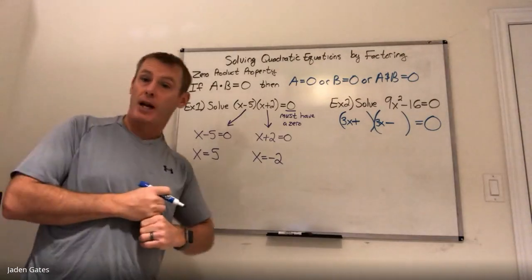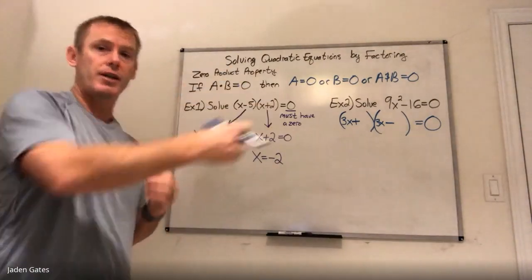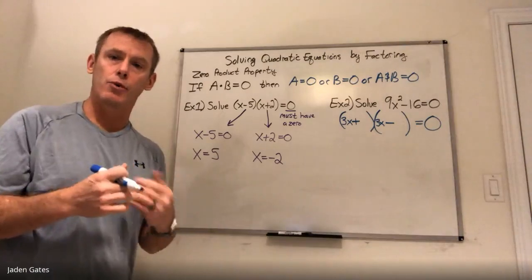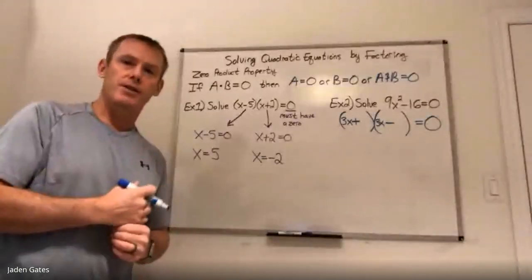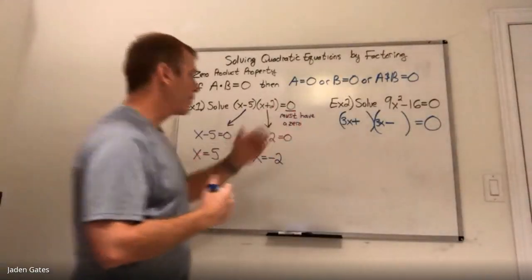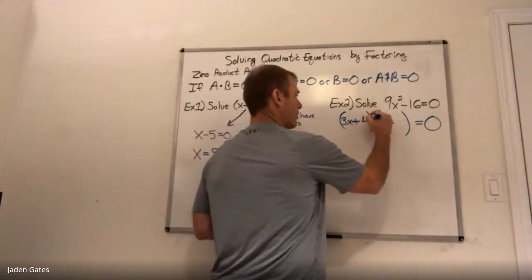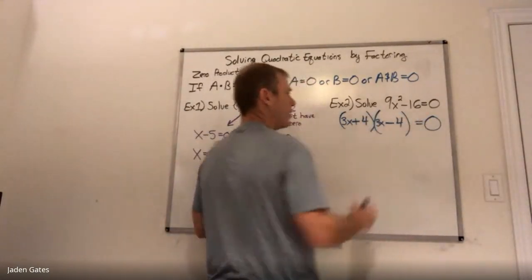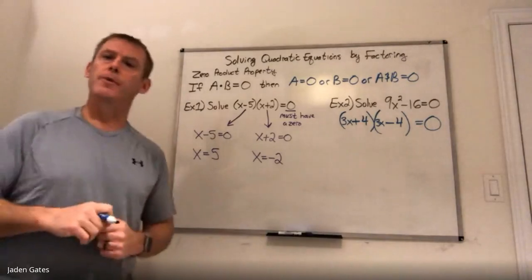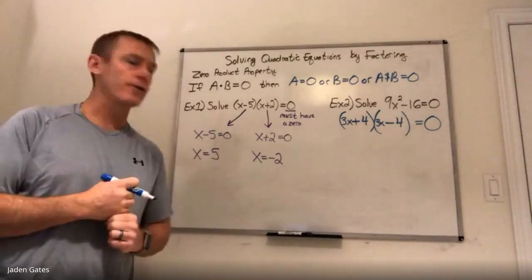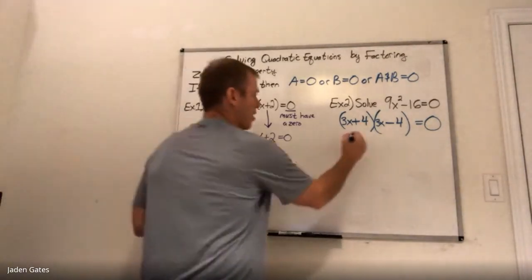The second term, outside the negative sign, is 16. I square root it and get a 4, and because it's the second term, I put it in the second spot. Again, that's what we did last unit, but now we're taking a step farther and solving the quadratics using the zero product property.